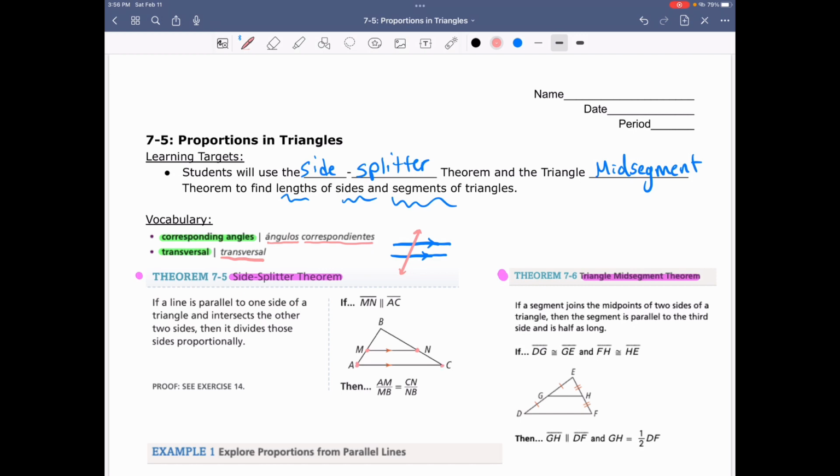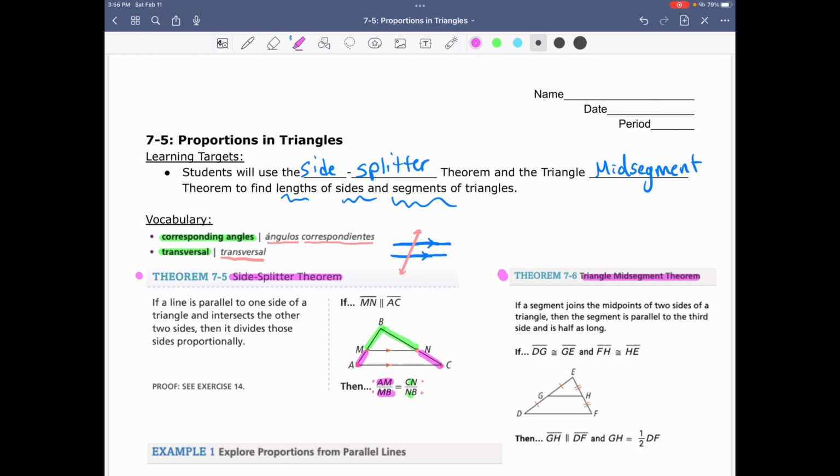Then they're saying that CN is proportional to AM, and B is proportional to NB. All right, so these sides are proportional to these sides. So you can set up a proportion.